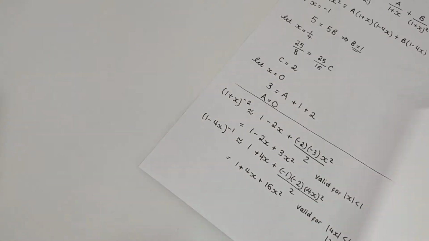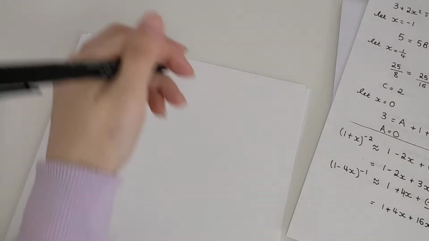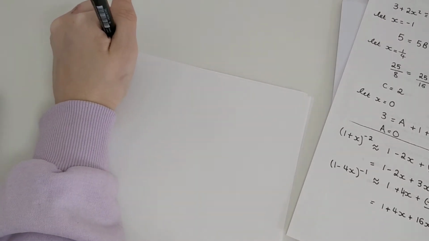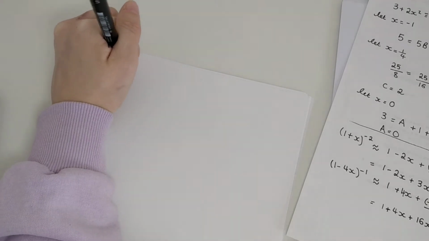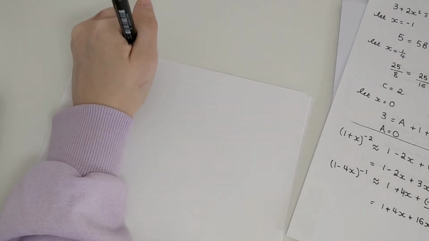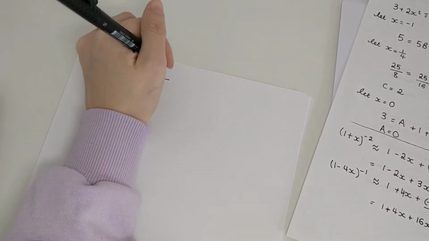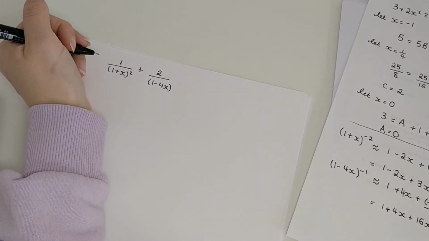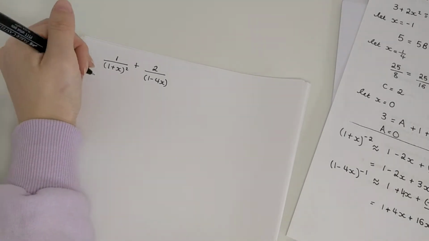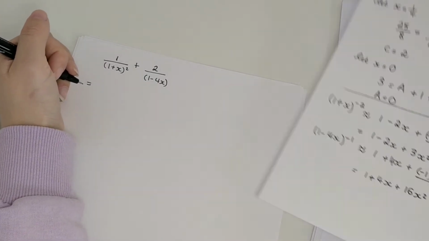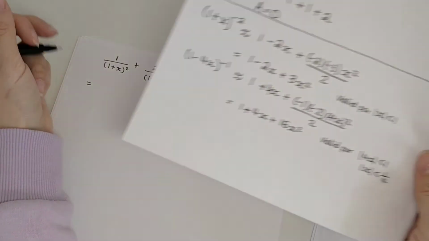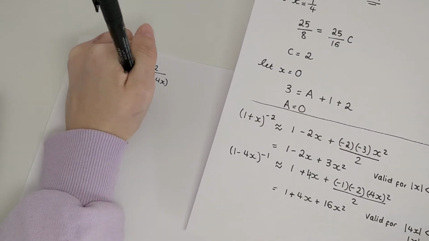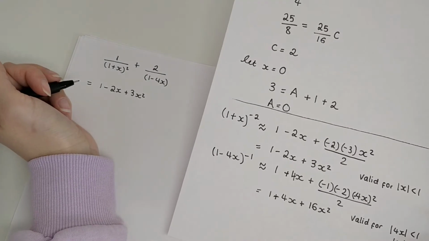So, and what I actually want is, the a was 0, so what I'm finding is b is 1 over 1 plus x squared plus 2 over 1 minus 4x, which is equal to, have that one, I just need to double that one, plus double that one.